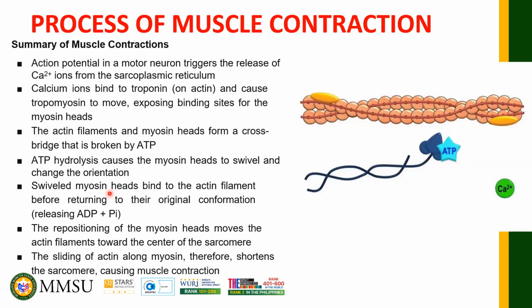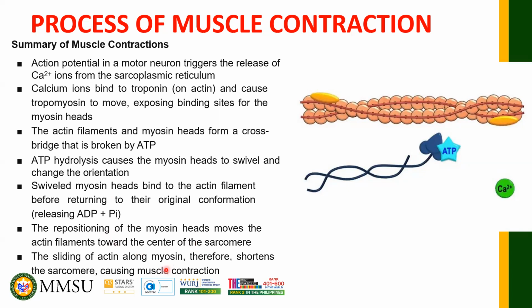So, sabi dito, yung output from the hydrolysis ng ATP, yung ADP and yung mga inorganic phosphate molecules, they are released during this step. Okay? And then after that, the repositioning of the myosin heads moves the actin filament toward the center of the sarcomere.